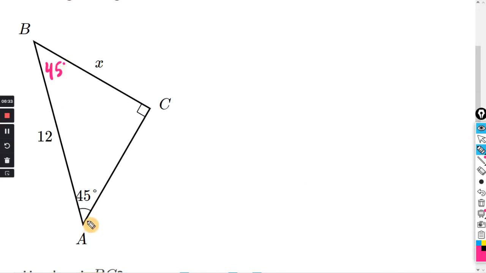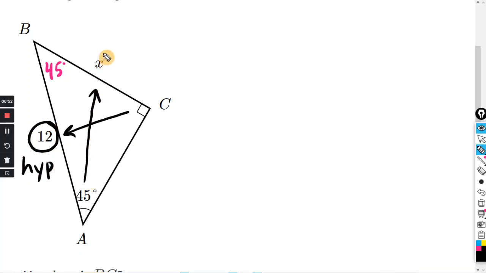Step 2 is to label the sides. If we go across from the right angle to the side, that is our hypotenuse, HYP. Across from 45 degrees to the side, that is your leg.